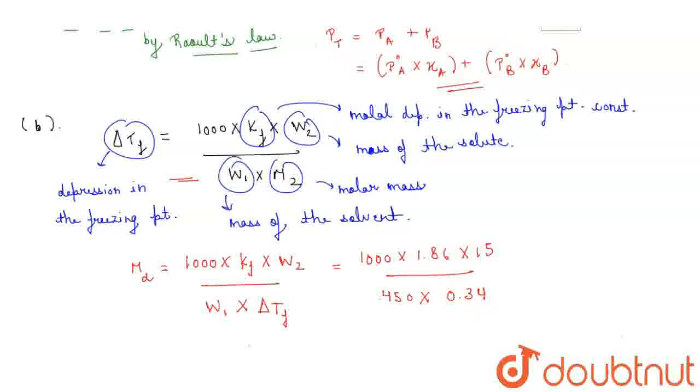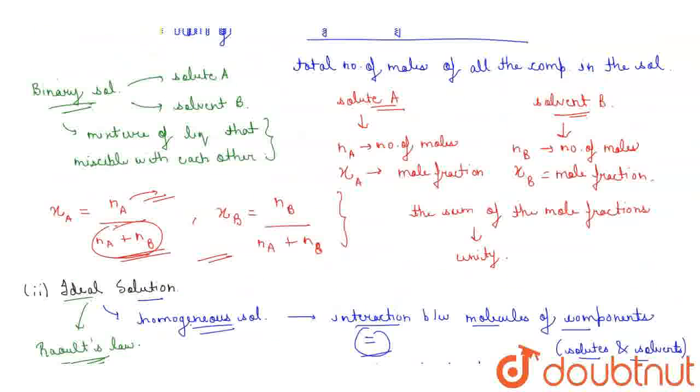So after solving it, we will get the value 182.35 gram per mole. Therefore, the molar mass of the material is 182.35 gram per mole. So this is the solution.